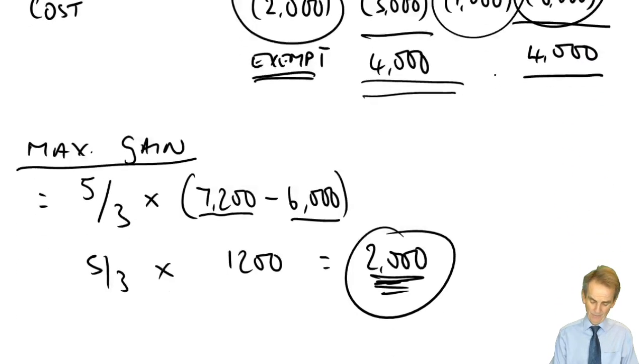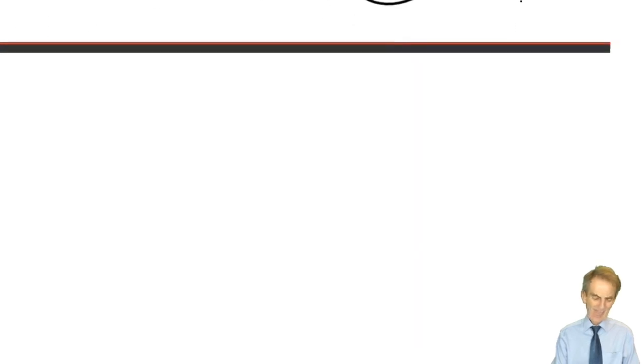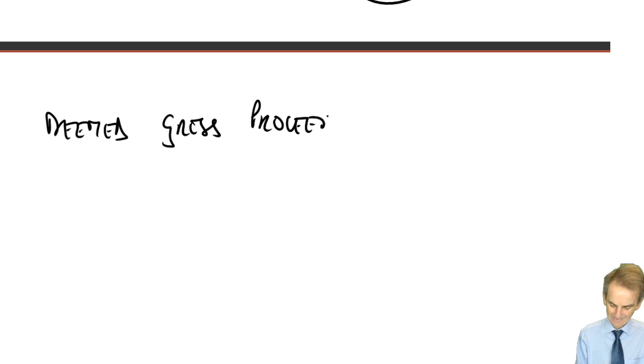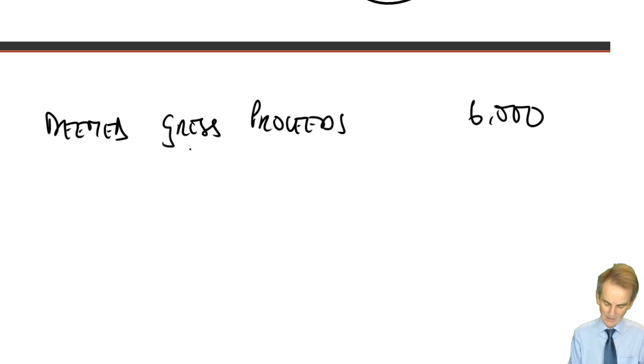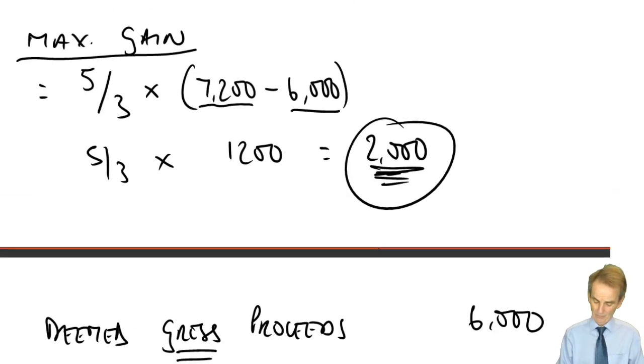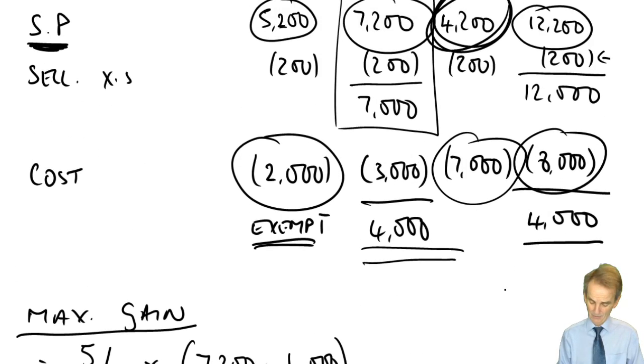We limit the loss. And how do we do it? We do a single calculation where we take our deemed gross proceeds to be £6,000. Notice gross proceeds. That means that we still get to deduct from those proceeds any selling expenses, which I think in every one of these cases was £200.